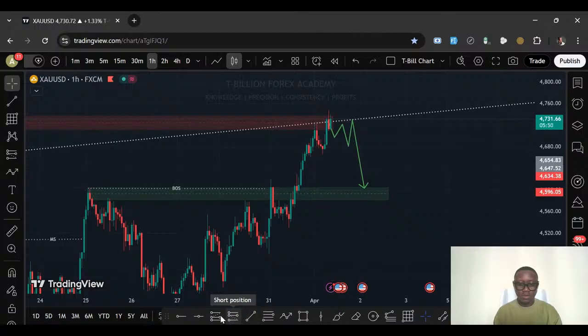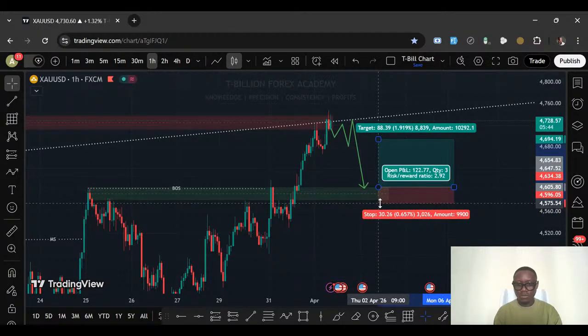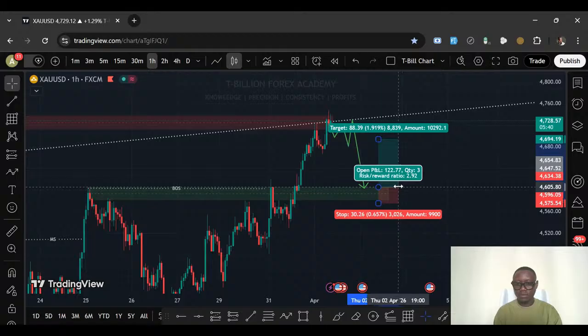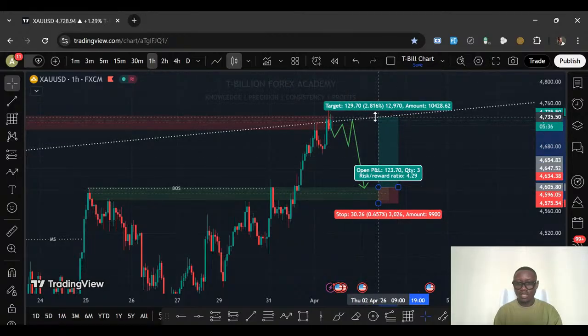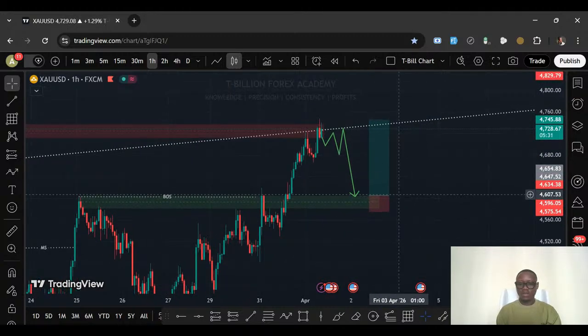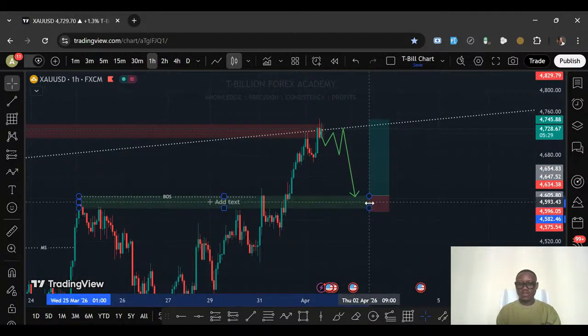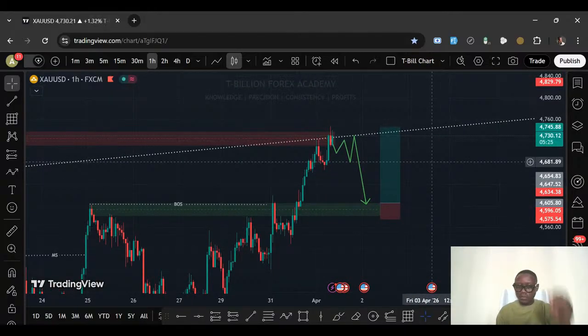So we're buying right here. Now SL will be here. And now TP will be targeting the next high, which is this. Okay, but let's wait for price action.